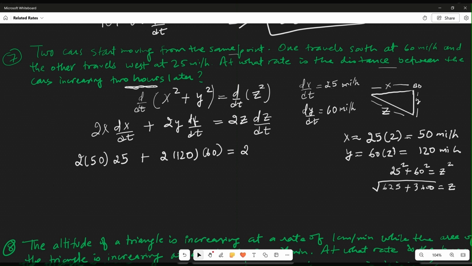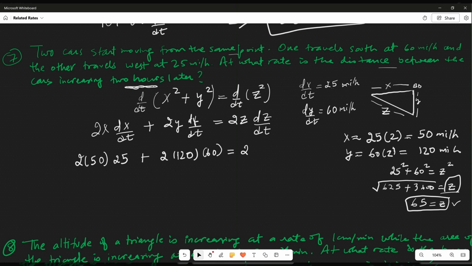So z is equal to 65. We have figured out that z is equal to 65.